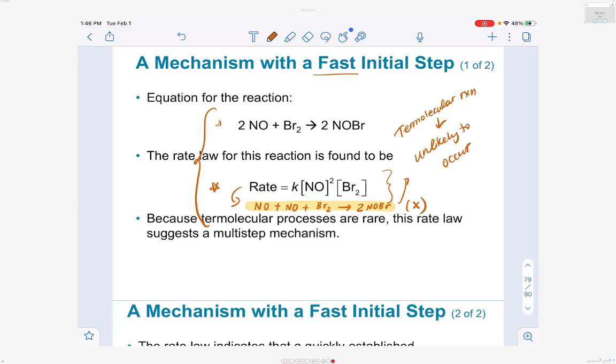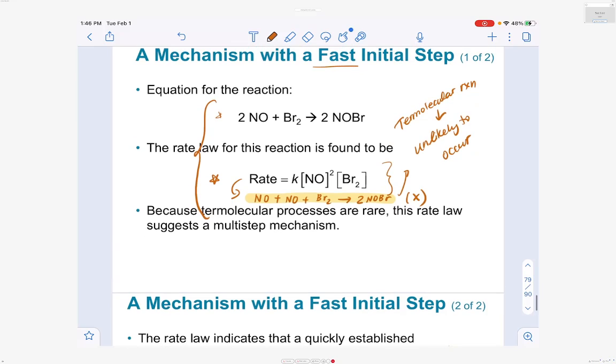So do you know the purpose of what we're doing right now? What is the purpose? Why are we doing all this? Are we trying to determine the rate law? We already have the rate law here, right?